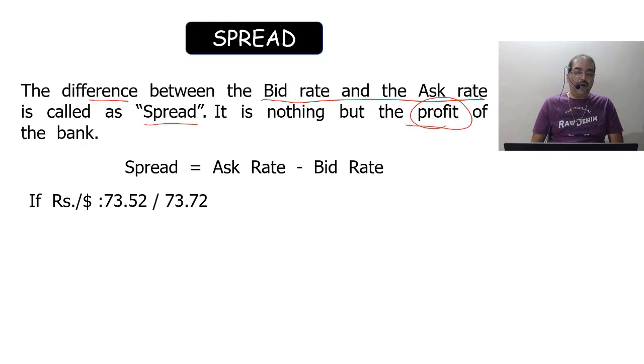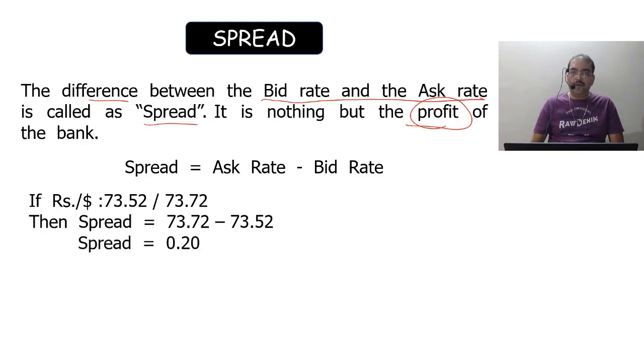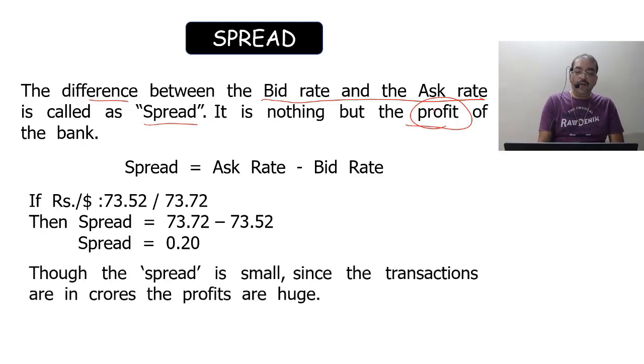If rupees to dollar 73.52 by 73.72 are the two quotes given, then the spread will be ask rate minus bid rate: 73.72 minus 73.52, that is 0.2. This is per dollar. So if there are 1 lakh dollars, it will be 0.2 into 1 lakh. So that much profit it will be making. We say that though the spread is small, since the transactions are in crores, the profits are huge.